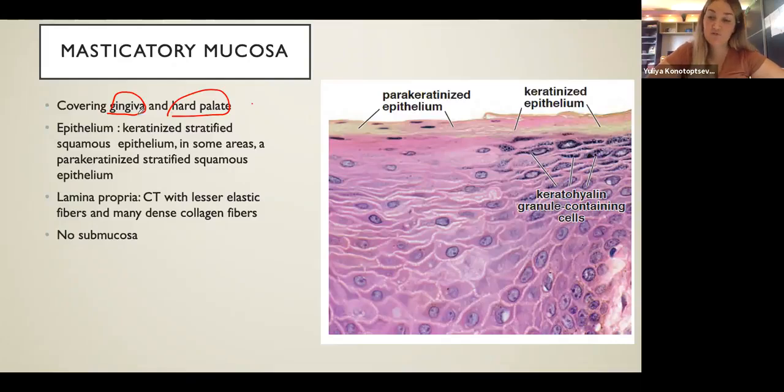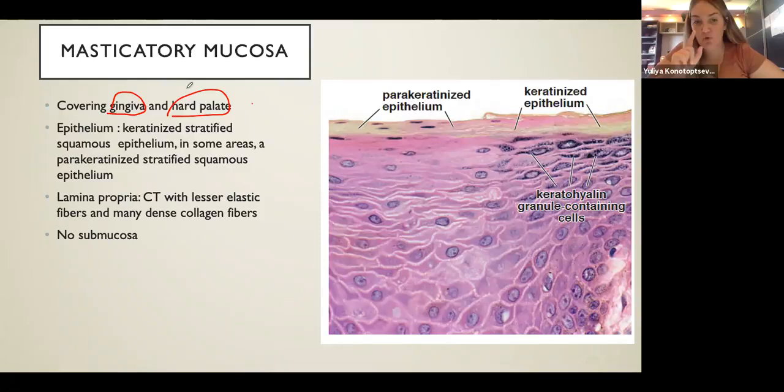Of course, it's your gingiva, but don't forget hard palate as well, the roof of your mouth, and tongue. Because how do you chew? Next time you chew food, try to really notice how you are chewing. Part of it is being pushed by the tongue against the roof of your mouth. You keep pushing the food against the roof of your mouth.